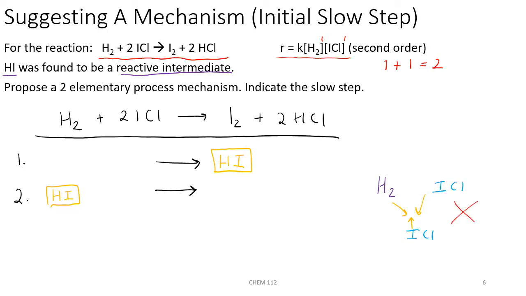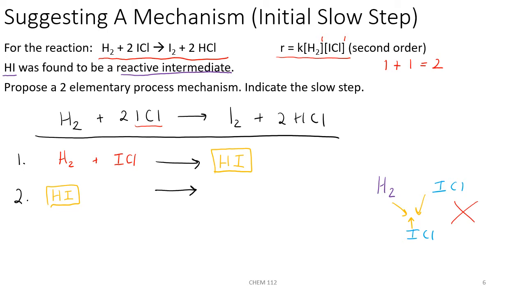So what could possibly happen? We have to make some HI. If we had two molecules of ICl coming together at once, neither of those contain hydrogen, so that's not probably going to happen either. So what could happen is one molecule of hydrogen could come together with one molecule of ICl. And what could we form if that happens?